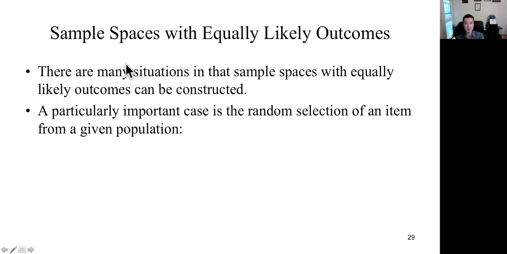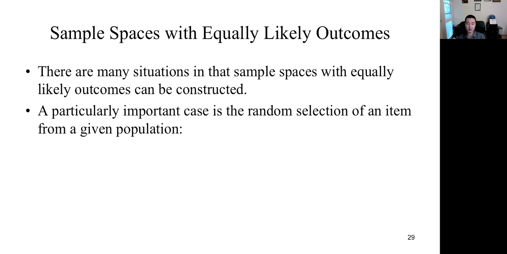All right. Sample space with equally likely outcomes. This is the case we meet most commonly. There are many situations where a sample space with equally likely outcomes can be constructed, for example tossing a die, tossing a coin, or doing a lottery.